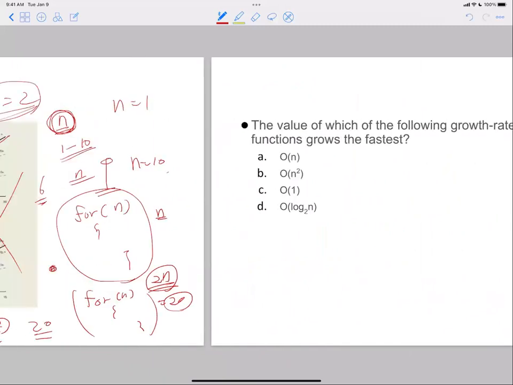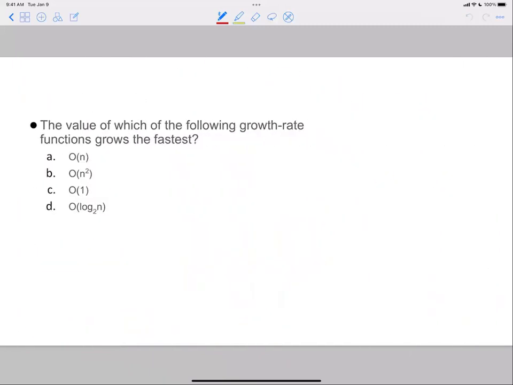So you can say n square and O(1), log base 2 of n. This one is linear, right? So we can say linear and n square, and big O(1) is just flat, right?